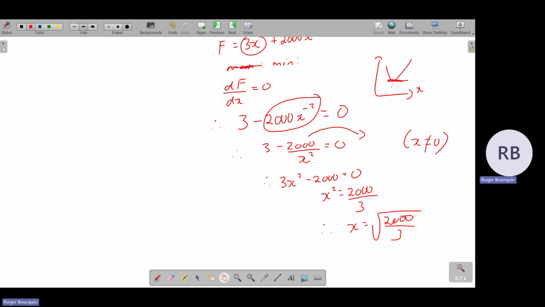You can leave it like that, but that's a bit meaningless if you go into a shop and say, can I have the square root of 2,000 over 3 amount of fencing? So how much fencing does this guy need? What's it going to be? 25.82, right? I would have made the question what's the minimum amount of meters he needs to buy, in which case it would be 26 meters.